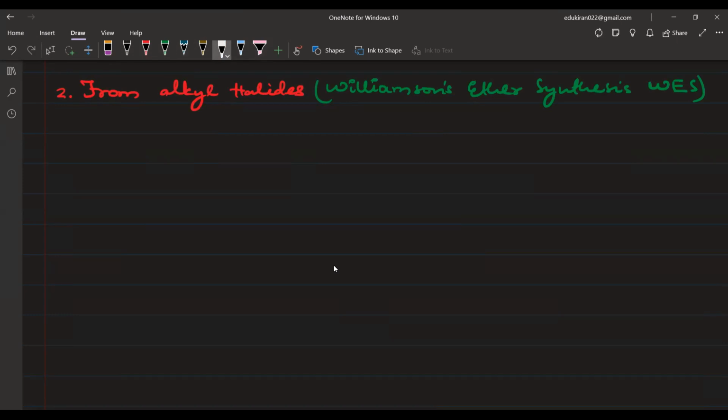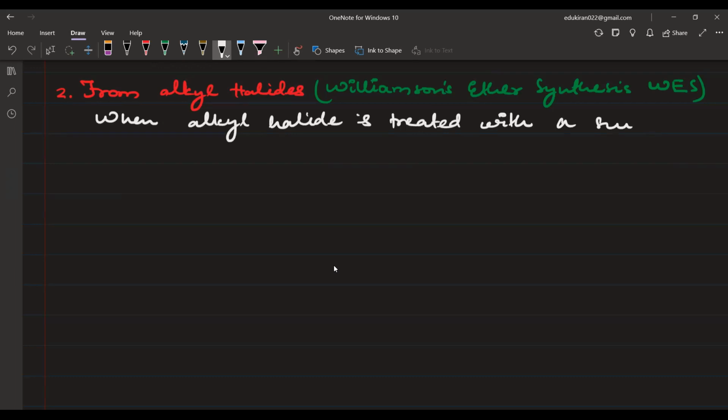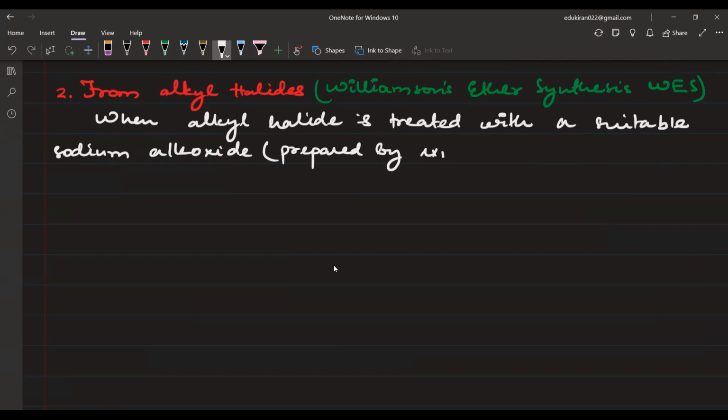Please write: when alkyl halide is treated with a suitable sodium alkoxide, and this sodium alkoxide is prepared by the reaction of sodium with alcohol.